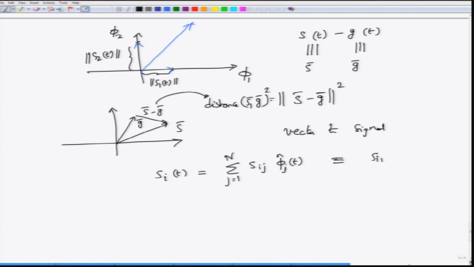The equivalent way in which I can write this down is by giving it as a vector and calling this vector Si.